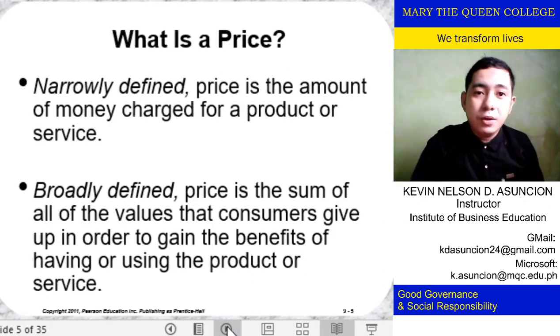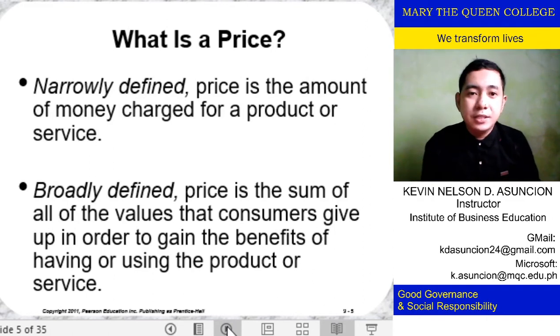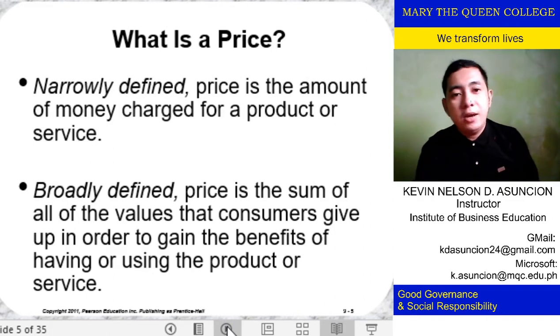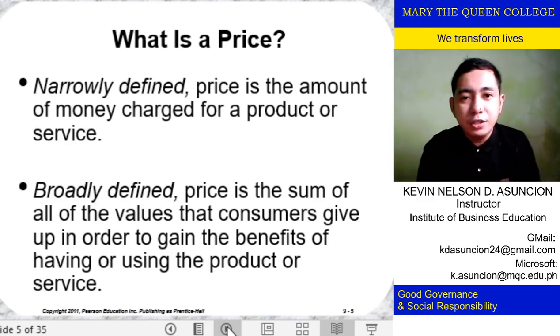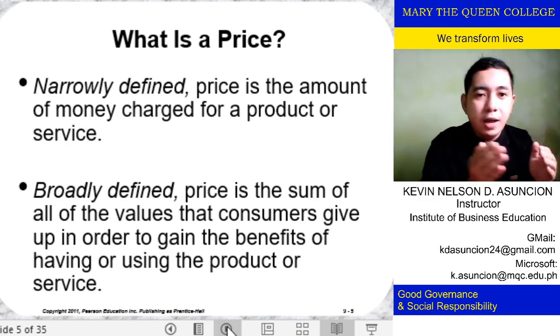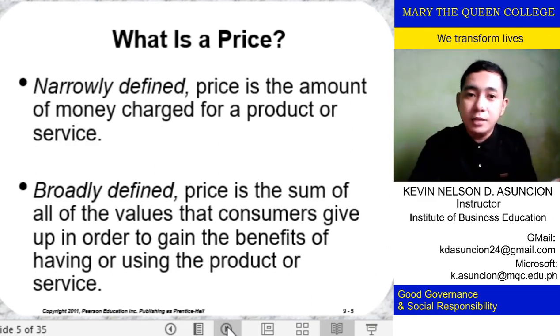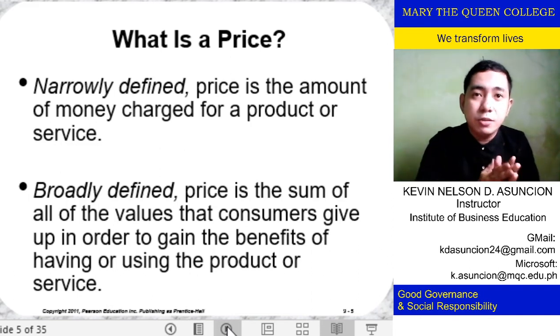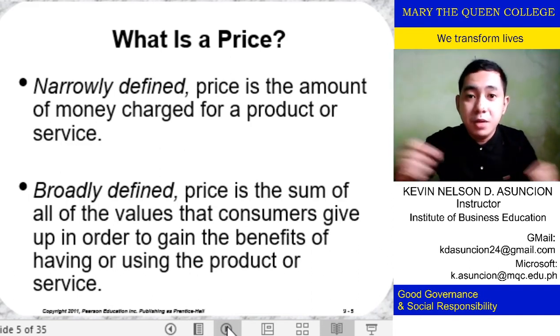No? Okay. So, what is a price? When we narrowly define this, price is the amount of money charged for a product or service. So, magkano yung binabayad? So, probably from a customer perspective, ito yung binabayad ko.